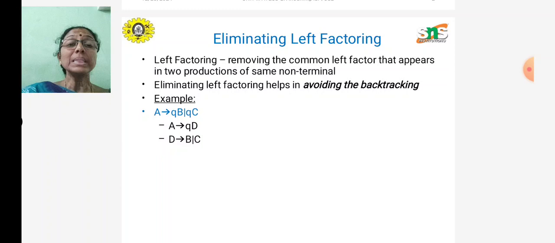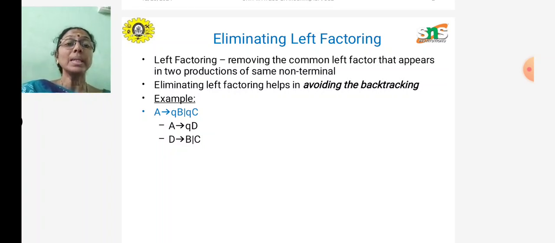What is the rule? For example, A tends to QB or QC becomes A tends to Q A dash, and A dash tends to B or C. So what we do is take the common factor out, and for the remaining part we can substitute any value.